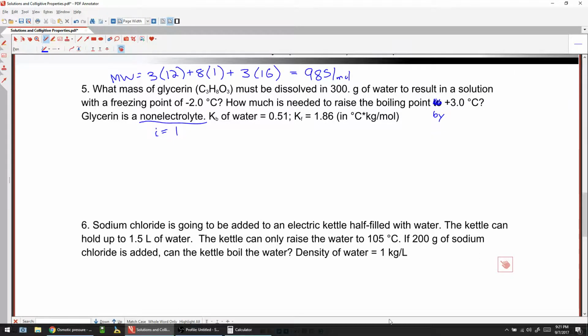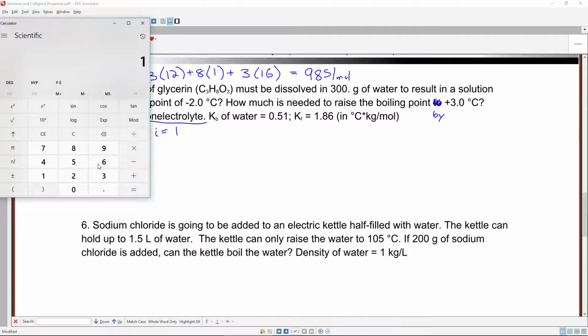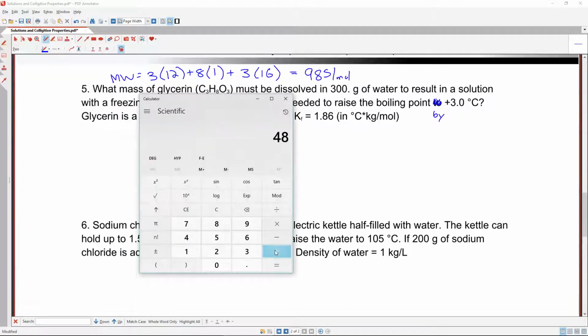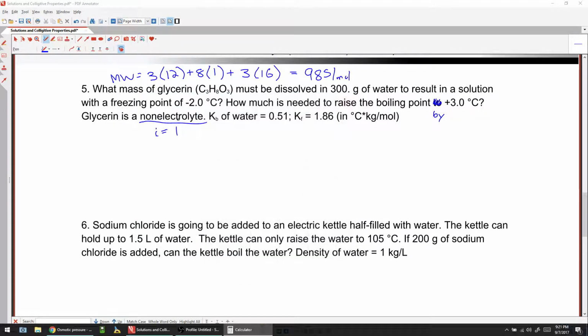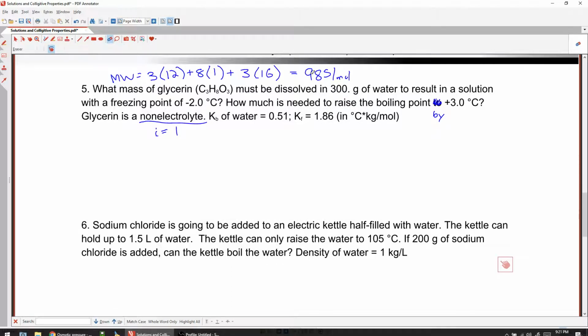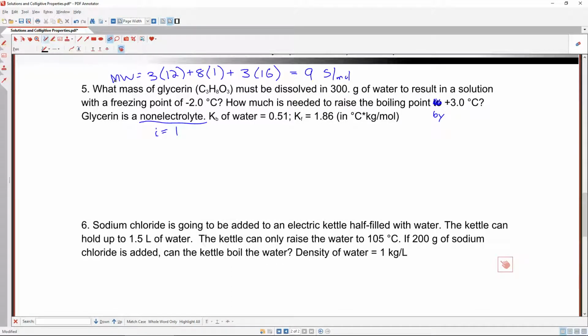Just to verify, 16 times 3 is indeed... oh, it's 48. Okay, so 48 plus 8 plus 36. Man, I wish I had some editing software. Okay, 92. Or some editing software that didn't take an age to learn how to use. There we go.